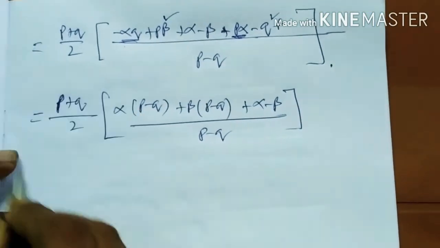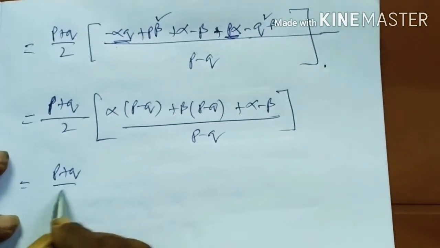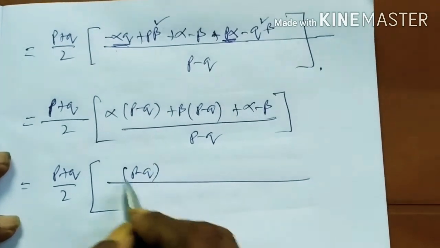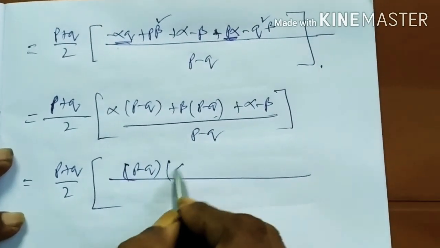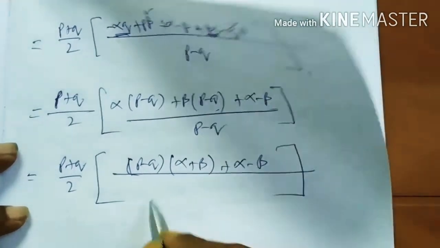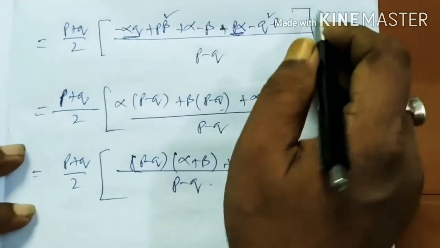So this is equal to (p plus q) by 2. This comes out to be (p minus q) common between these two, (alpha plus beta) plus (alpha minus beta), p minus q.